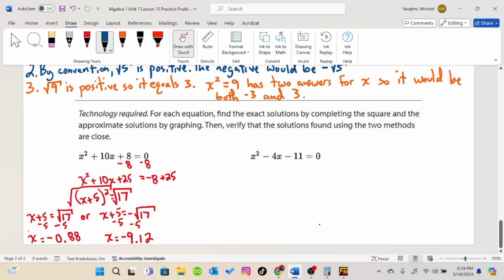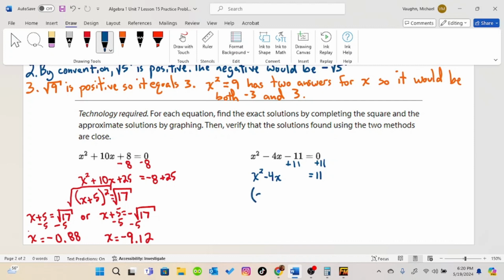On the next equation, the very first thing again is to move the c term to the other side, this time by adding 11 to both sides. That'll give us x squared minus 4x equals 11. We take the b term, which is negative 4, and we divide it by 2, which gives us negative 2.